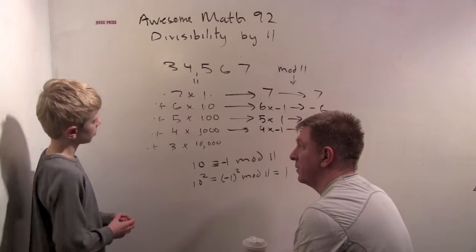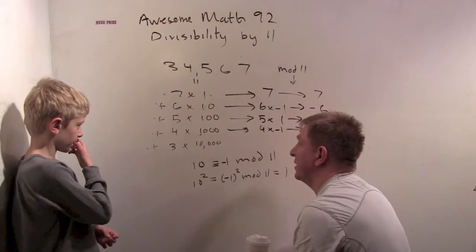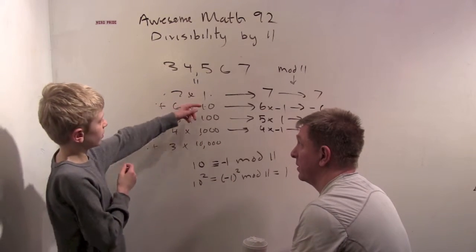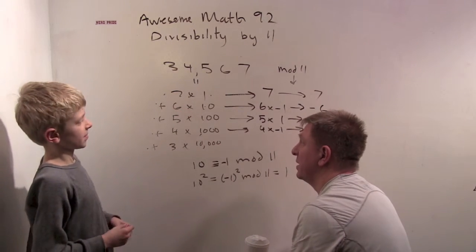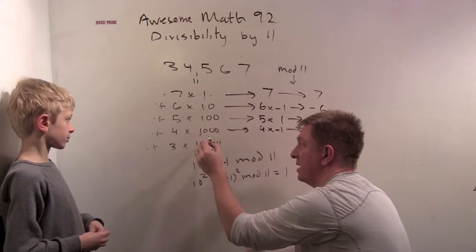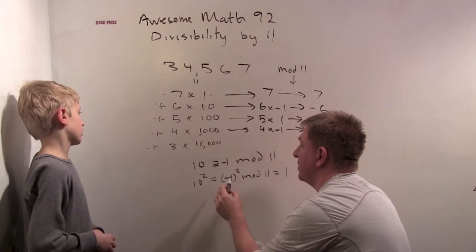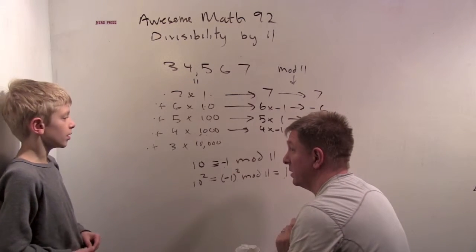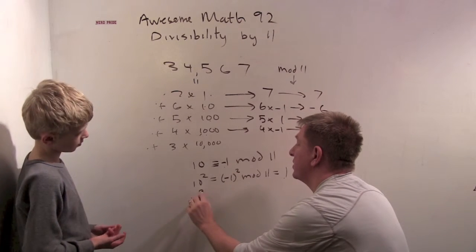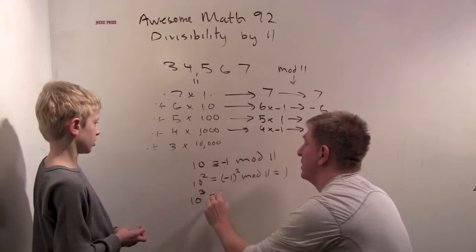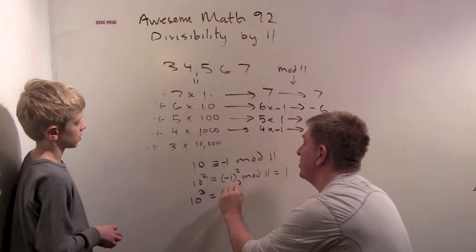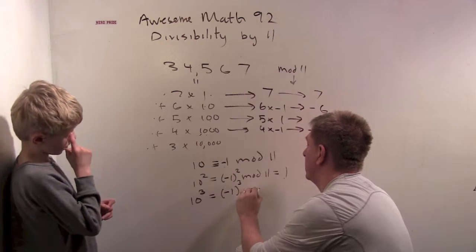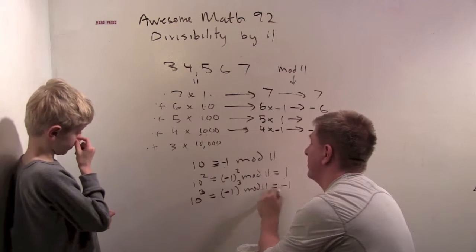We multiply by 10. So 100 times 10 is the same as 1 times minus 1. Or we could say 10 cubed, which is 1,000, is the same as minus 1 cubed mod 11, which is minus 1.